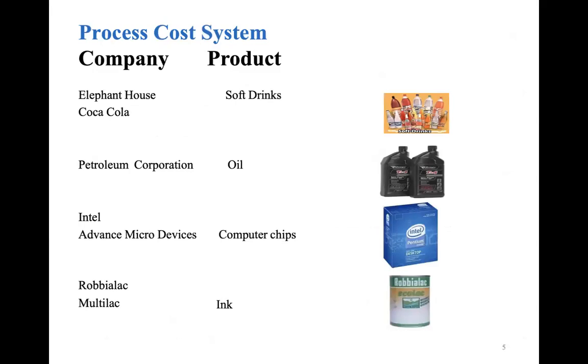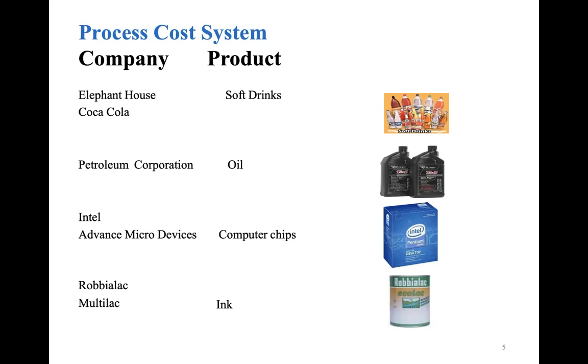Now, these are the companies and products which can follow a process cost system, right? The company names are given here: Elephant House, Coca-Cola, Petroleum Corporation, Intel, Robialac, Multilac, likewise. Then their products are also given here. Soft drinks. Petroleum Corporation's products are oil. Intel and Advanced Micro Devices have computer chips.